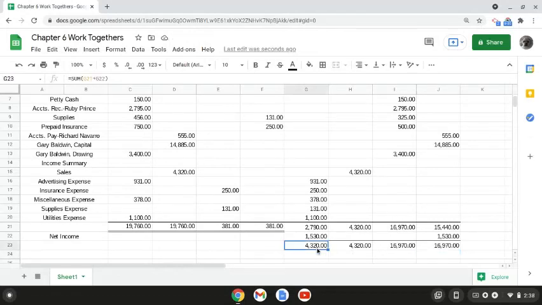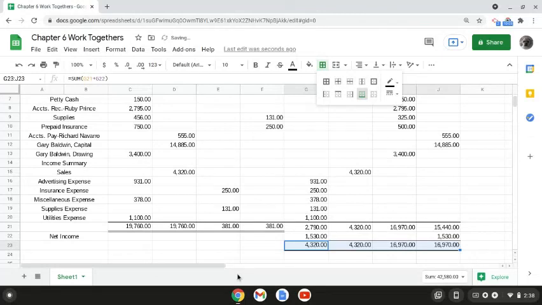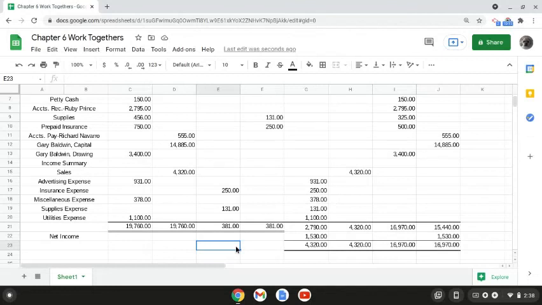So since these numbers are all balanced and the debits equal the credits, we can draw a double line rule here. And the double line rule in accounting means that the debits equal the credits and that the work is accurate.